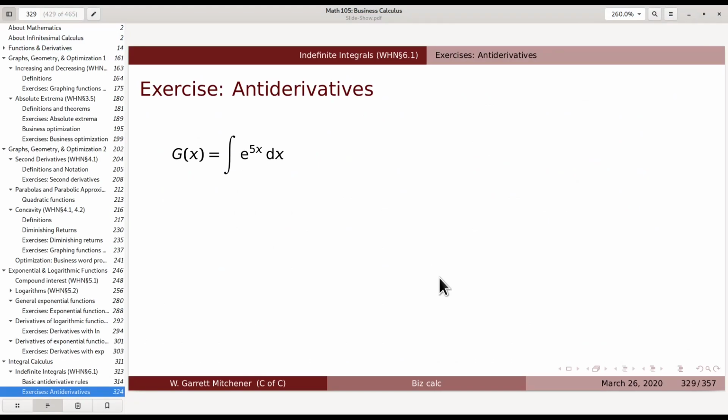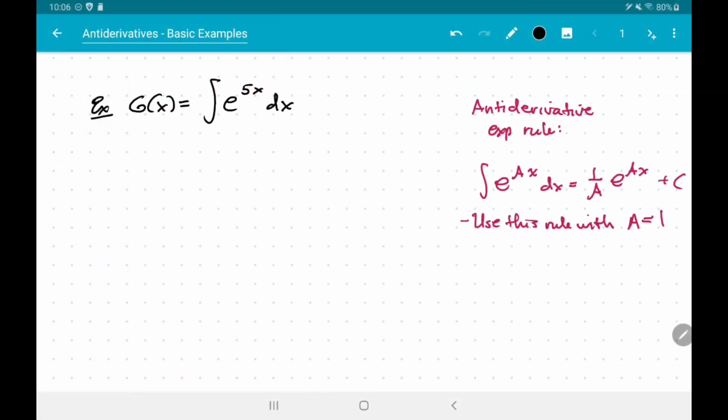Okay. Let's try this one. Give that one a try. Okay, we want the indefinite integral of e to the 5x dx.